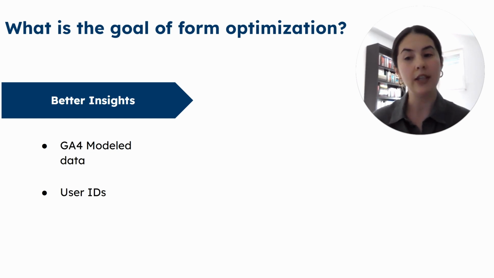And in that way, you would be able to see the actual behavior on the website. So you wouldn't be looking at modeled data in your GA4 reports, but you would see the exact situation and the exact numbers on the website.